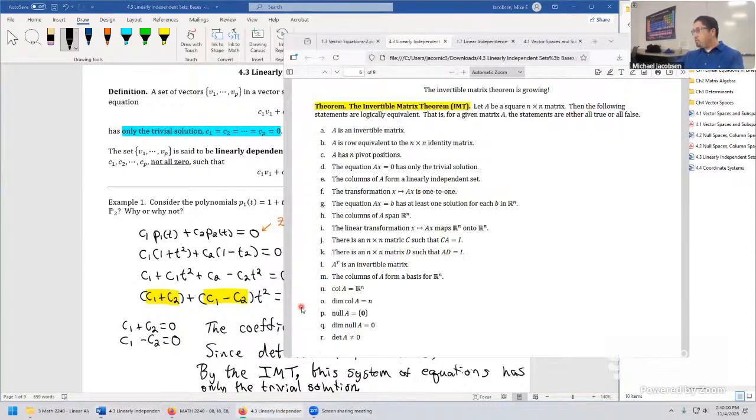So back to the invertible matrix theorem, it's talking about AX equals 0 having only the trivial solution.